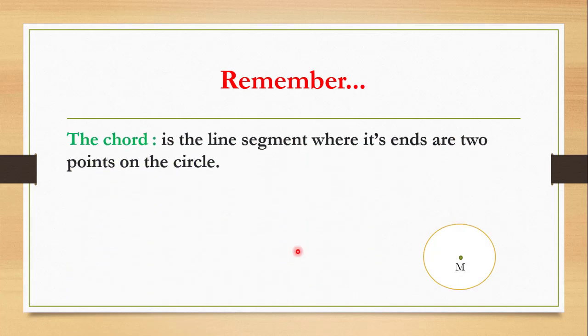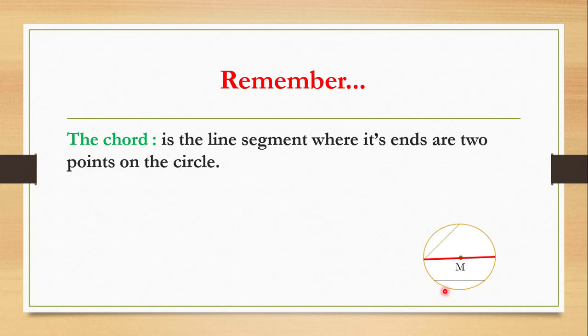Also, we studied the chord. We said the chord is also a line segment, but it joins 2 points on the circle. The start and end point of this line segment are points on the circle. Here, for example, we have a chord. Also, this is a chord. Sometimes the chord passes through the center of the circle.